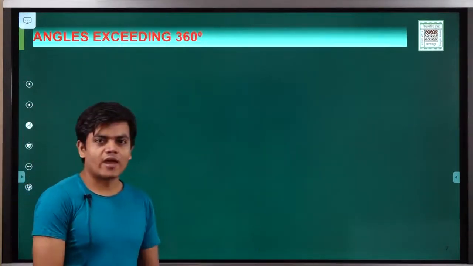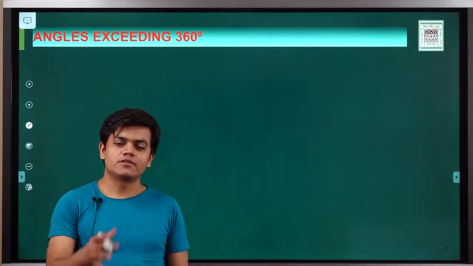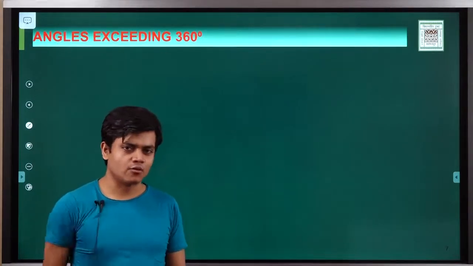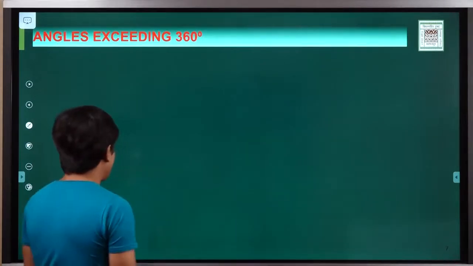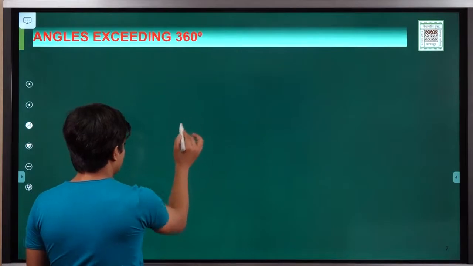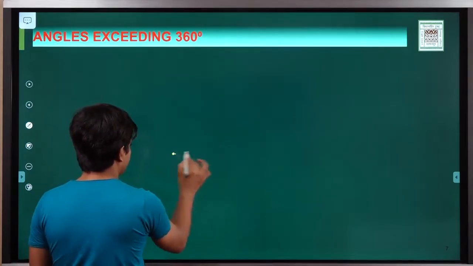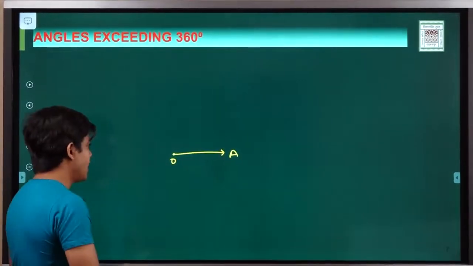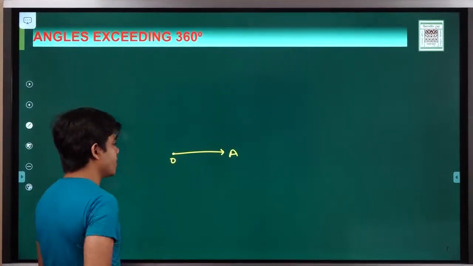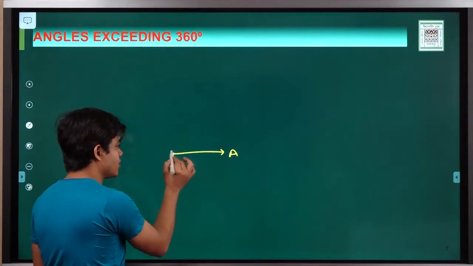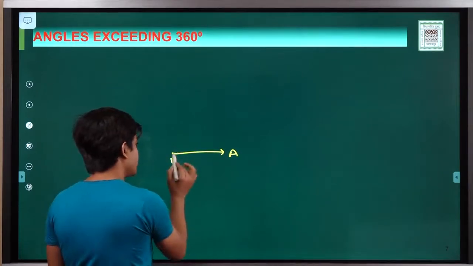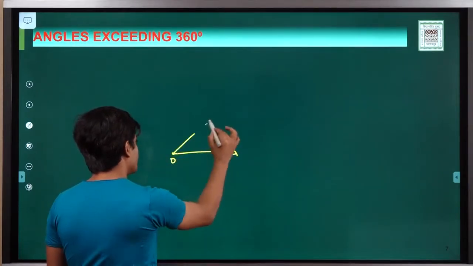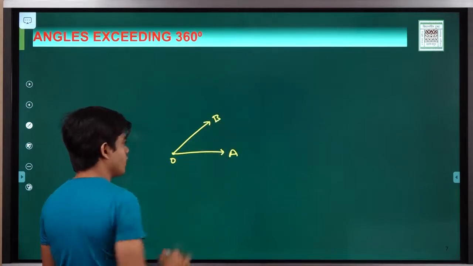Okay, so now angles exceeding 360 degree. What does it mean? Think you have a point O over here and this is A, and this is the initial line, this is the initial point. Think this ray OA moves up to B over here.